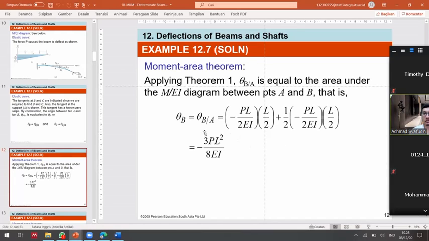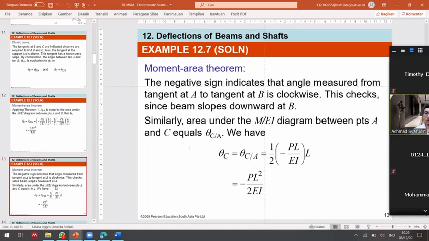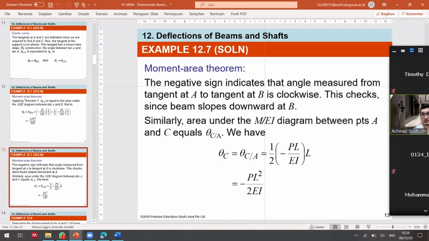So the total slope equals the total area below the diagram. Simple, right? I think it's very simple to understand. You have to try.